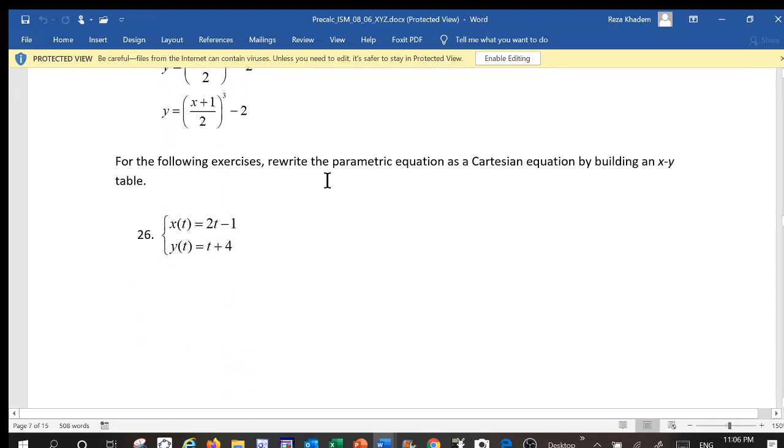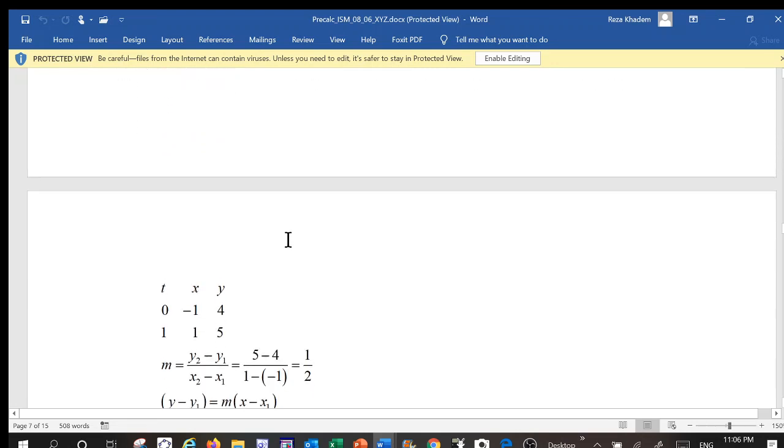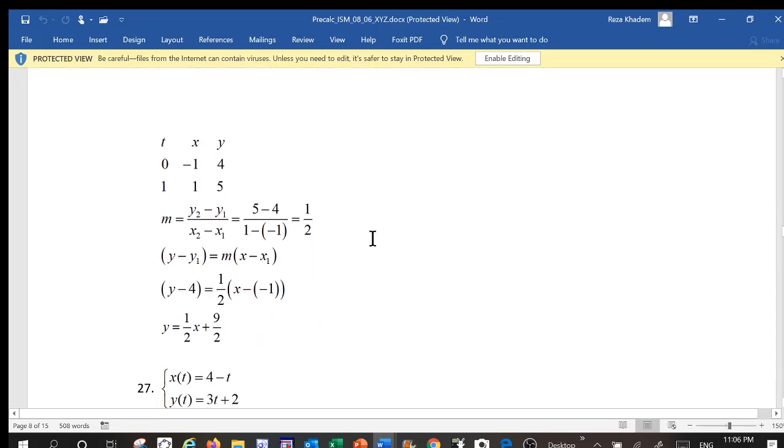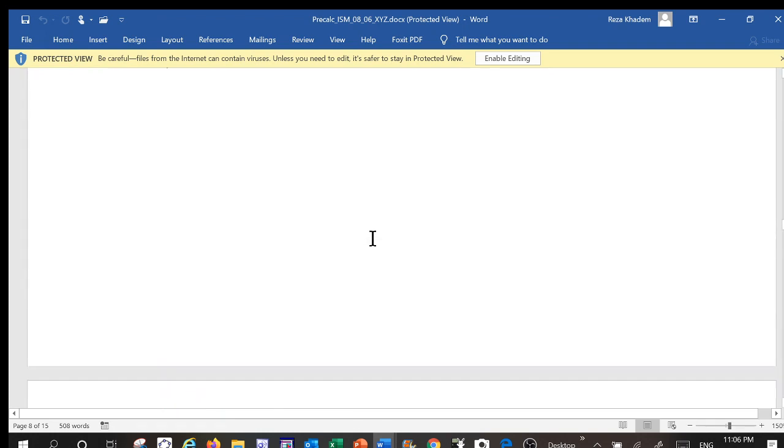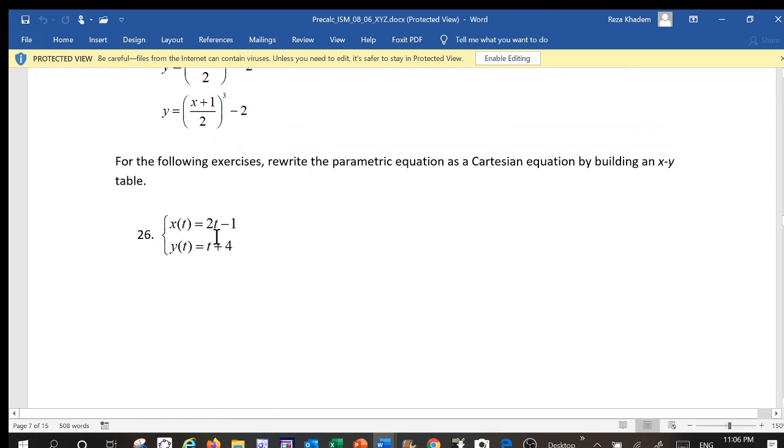And here it says rewrite the parametric equation as a Cartesian equation by building an XY table. Now, using an XY table, we can do that, but of course it's easier if you solve for t, right?